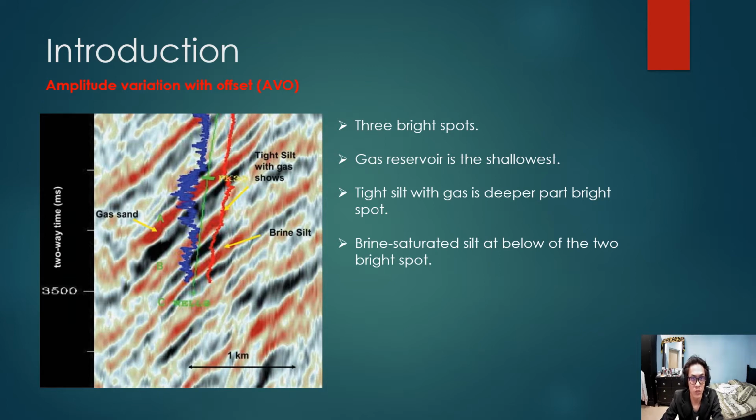Based on this figure, it shows three bright spots, and only a commercial gas reservoir is showing at the shallowest reflector, and the well was extended to the target of two deeper bright spots, which turned out to be a non-commercial tight silt with gas, and below that is a brine-saturated silt.